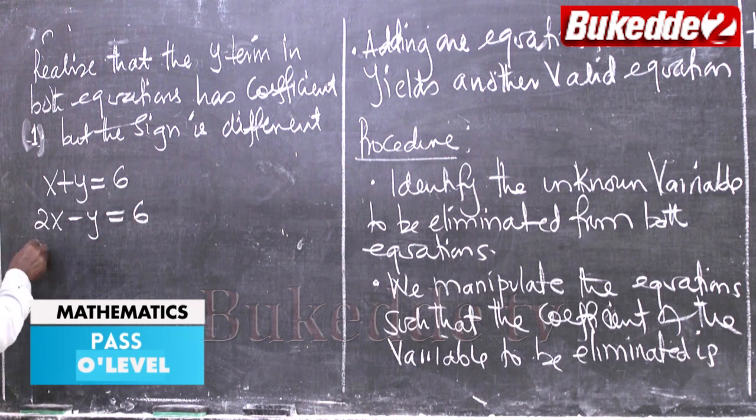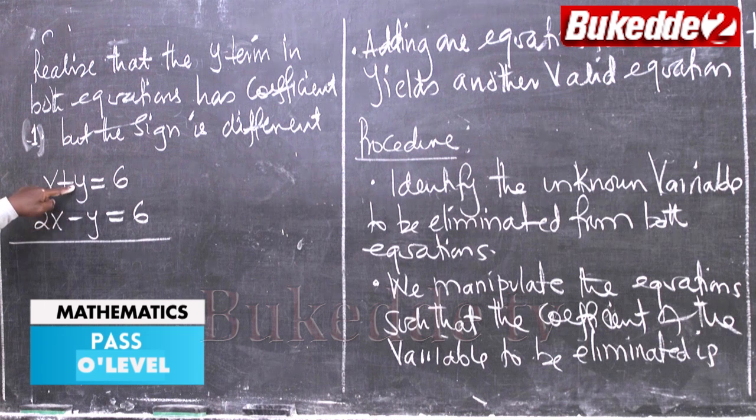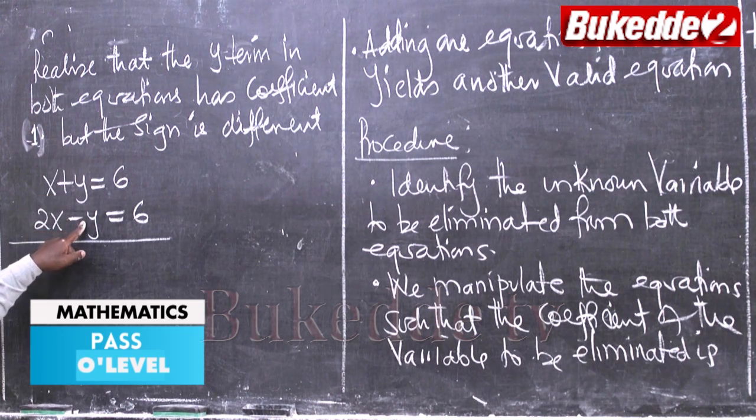So what we are going to do is add vertically. Please realize that the coefficient of y here is positive 1, whereas here it is negative 1. That being the case, when we add a positive to a negative, the result is 0. Why? Because positive 1 is the additive inverse of negative 1.